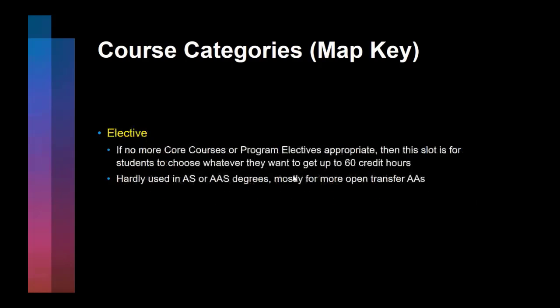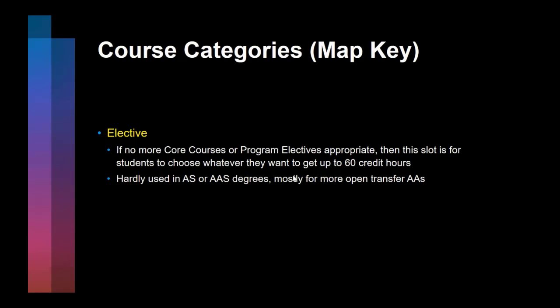And then the last type of class isn't something you're going to see very often. We just redid all the curriculum across campus, 150 programs. This came up very infrequently, mostly with a couple of the arts degrees, not the fine arts, where there's barely any room, but some of the other associate arts degrees where there is a bit more flexibility.